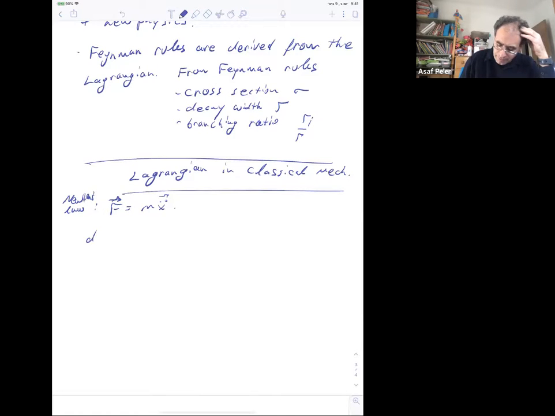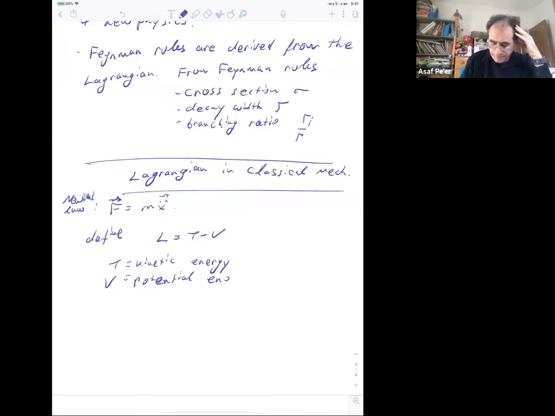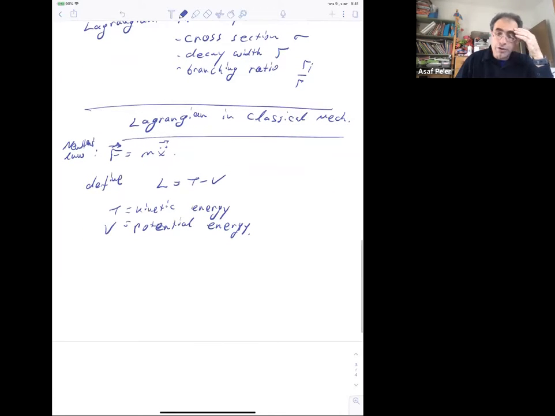So we define the Lagrangian as T minus V. T is the kinetic energy, V is your potential energy of the system, right? The Lagrangian L, this is a scalar, right?